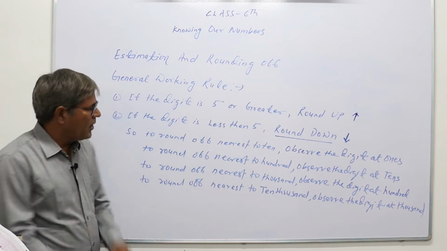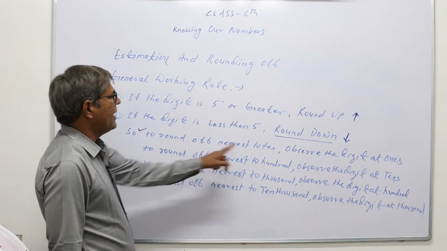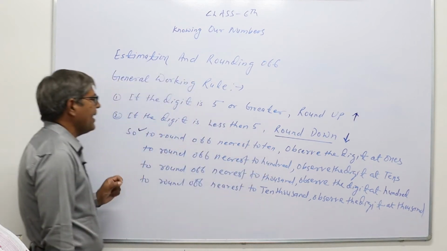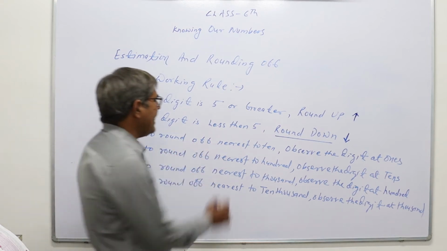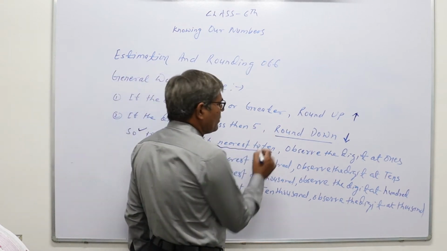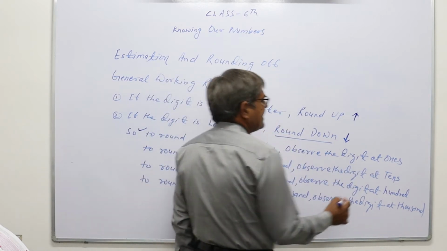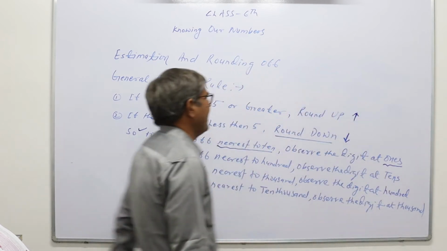be observed? So, the most important thing: to round off any given number to the nearest 10, we will observe the digit at the ones place in the given number.